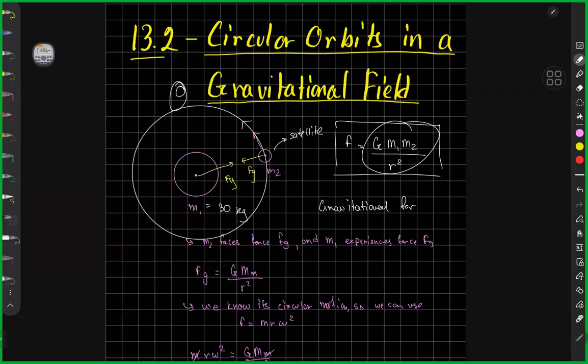And the part you need to understand very carefully is that the entirety of Fg, the entirety of the gravitational force, is being used up by the circular motion, by the orbit. We call it the orbit. And that is why you feel weightless.